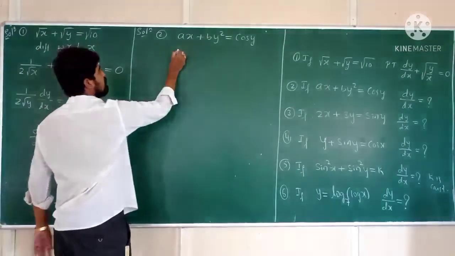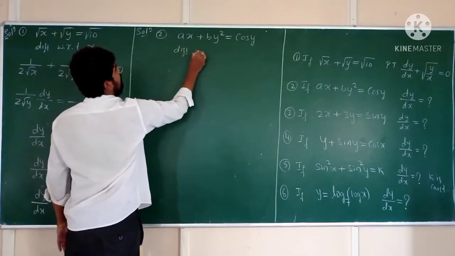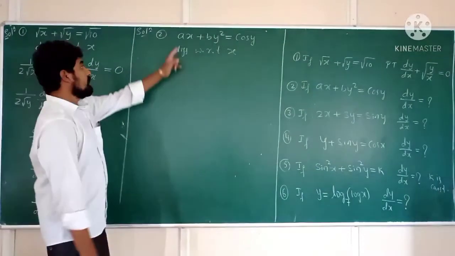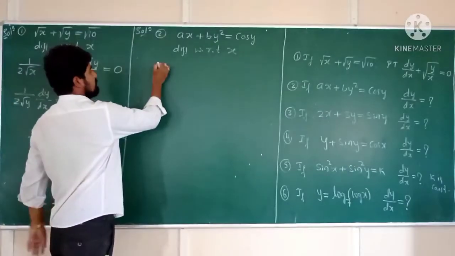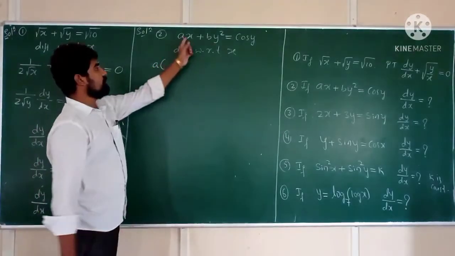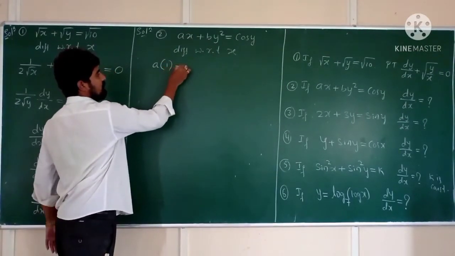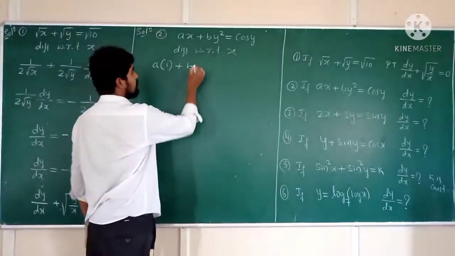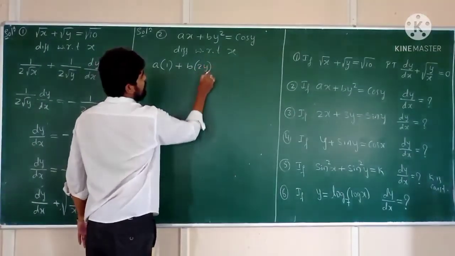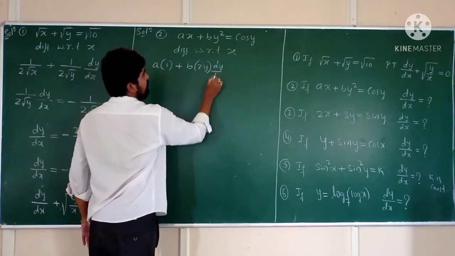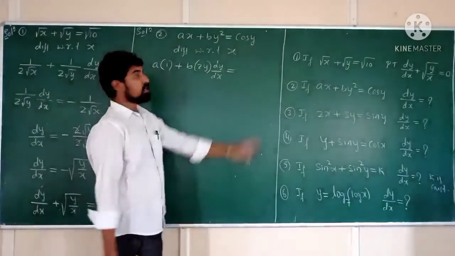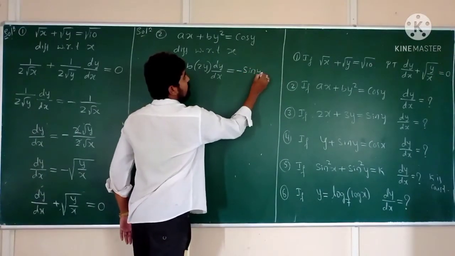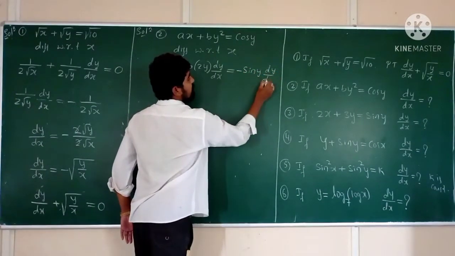So for that, differentiate with respect to x. a is constant as it is. Derivative of x with respect to x is 1, plus b is constant as it is. Derivative of y square with respect to x is 2y into dy by dx, which is equal to cos y with respect to x is minus sin y into y with respect to x is dy by dx.